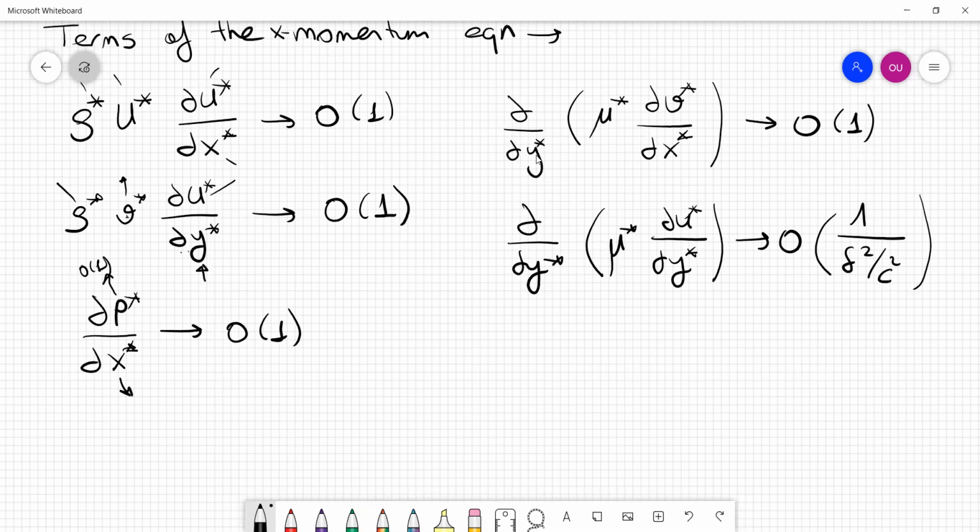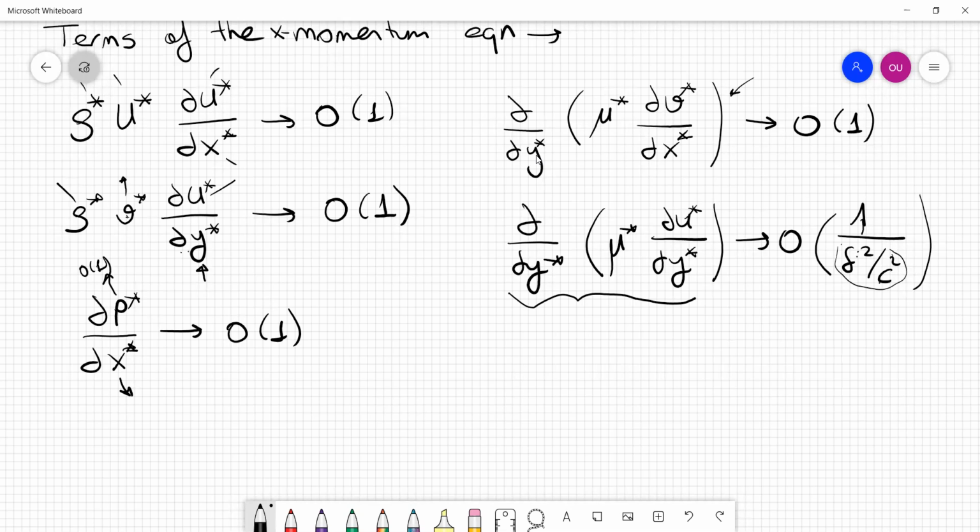That is interesting because delta over c is already a small number, and if you take the square of it, this becomes a very small number. So when you get 1 over that very small number, the order of magnitude becomes very high, a very high number compared to this, for example.